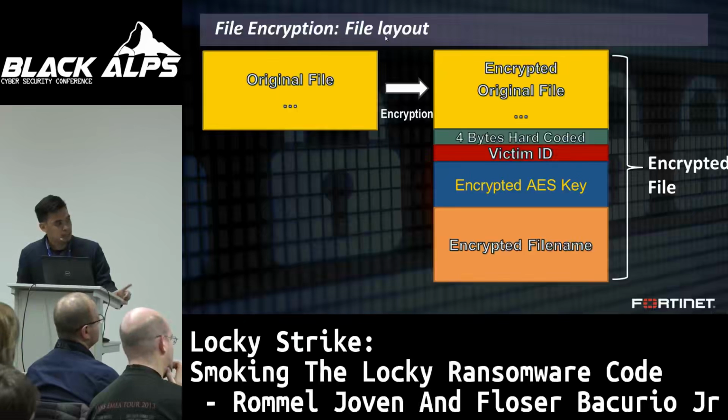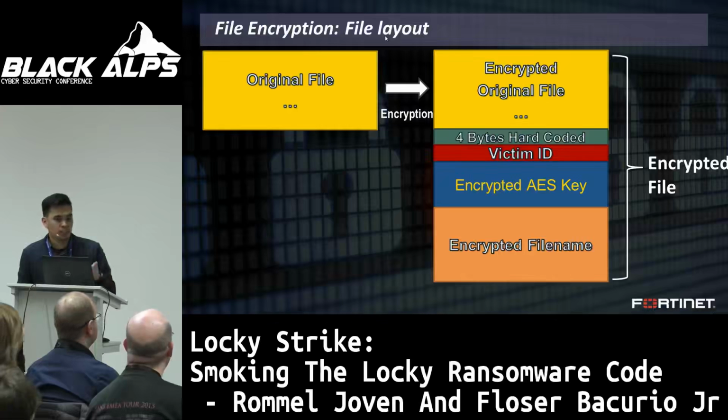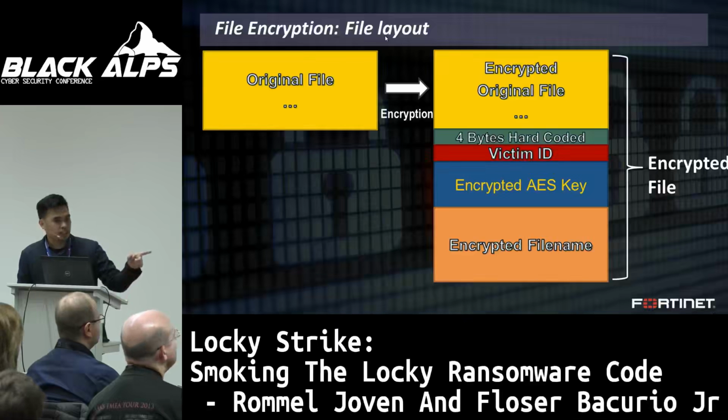Then it also appends the victim ID, and it will also append the encrypted AES key. Since the AES key is randomly generated for each file, so it's unique for each file, it has to store it somewhere. So it stores it there. And lastly, it appends the encrypted file name. This would be the file layout for every encrypted file.